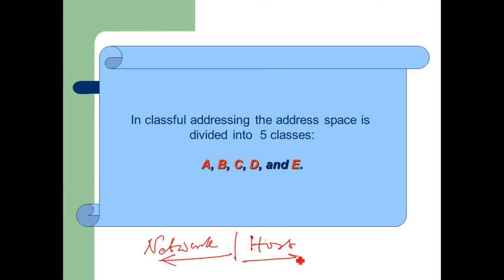Now I need to have one golden rule: for example, when these two hosts are talking with each other, or two devices are communicating with each other, the basic rule is that their network portion needs to be common. So their network ID needs to be common.